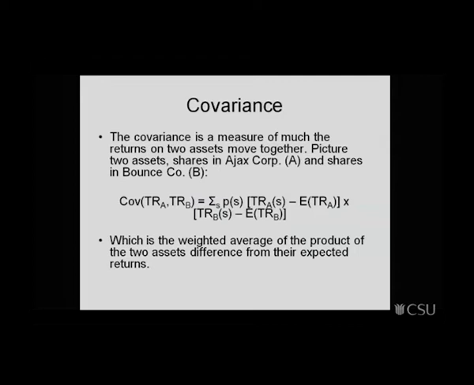So covariance, like I said, is kind of like a variance. What you're calculating when you're calculating covariance, remember, if I've got two different variables here, we're going to say it's shares in Ajax, so A, and shares in Bounce, B. So we've got two different shares, and we're going to say, well, what's the covariance between these two shares? Well, we're still going to have a sum of a bunch of different terms, so that's the sigma S there.